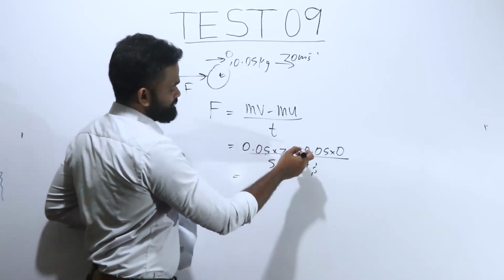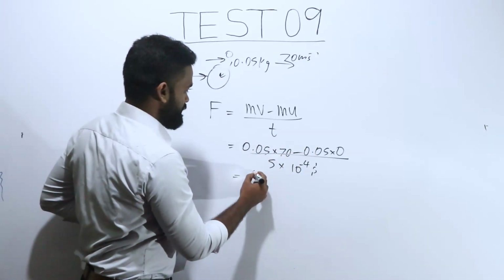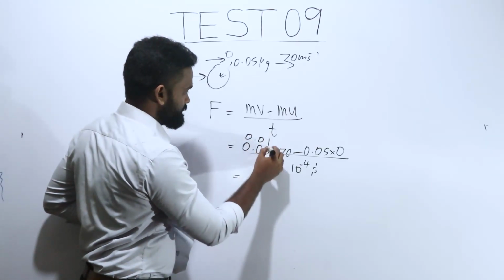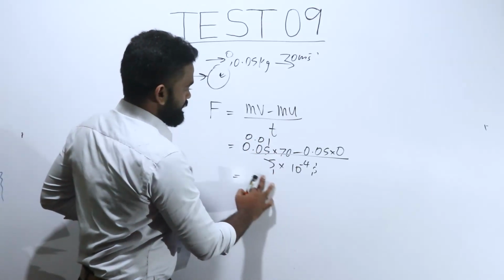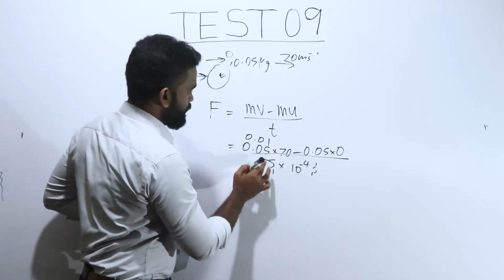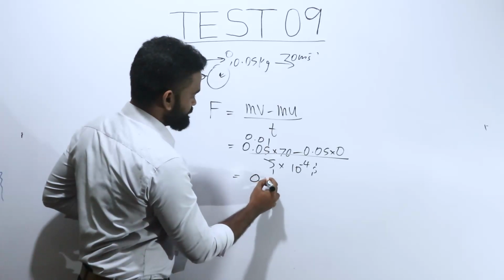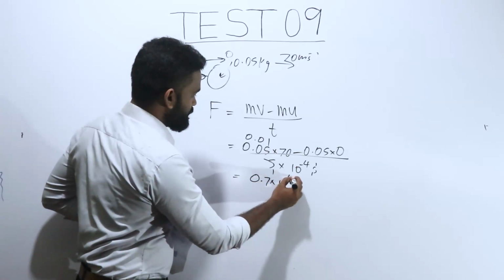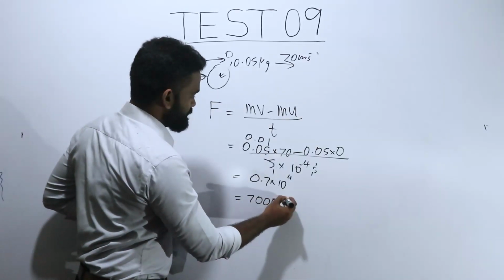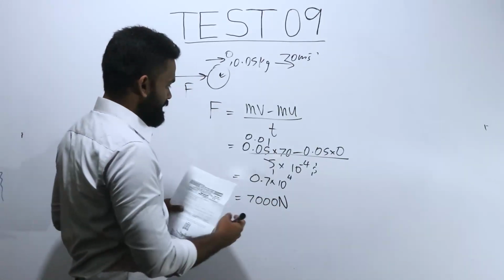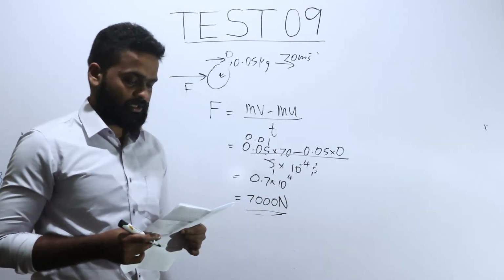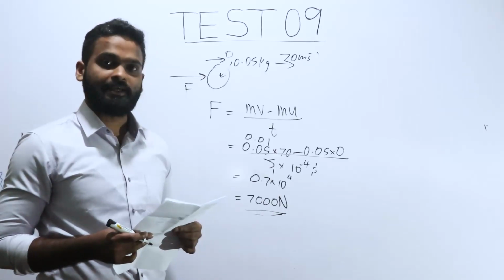So just do the simplification. 0.05, you can cancel this 5, 0.01, then this becomes 0.7 times 10 to the power 4. So this should be 7,000 newtons, meaning it should be 7 times 10 to the power 3 newtons. So the answer there should be the second one for the second question.